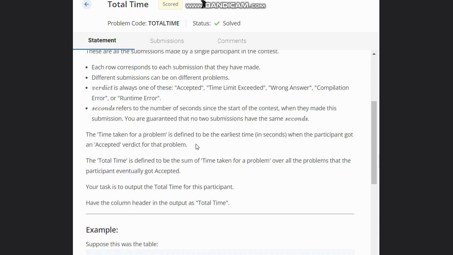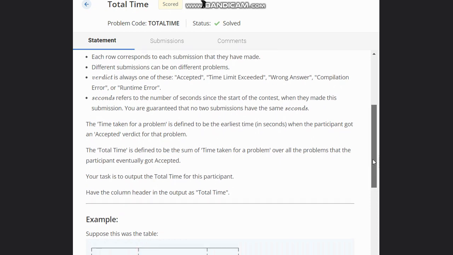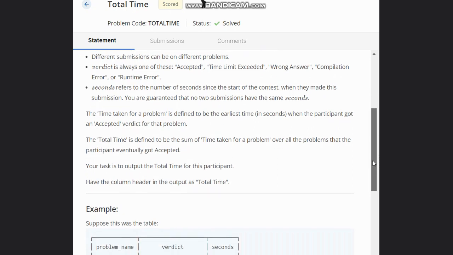Here the total time is defined as the sum of the time taken for the problem over all the problems that the participant eventually got accepted. So our task is to output the total time. So we need to take the sum of the minimum times, which will be our total time.